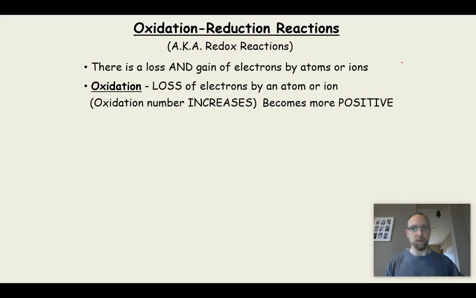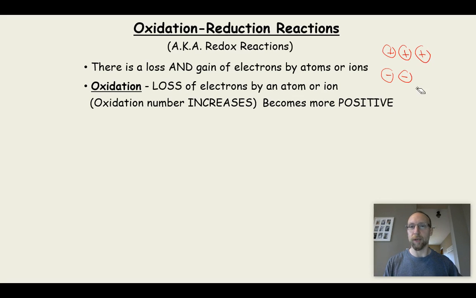So your oxidation number increases. So remember how we did this when we were talking about becoming ions. If I have, say, three protons and three electrons, when I become as a neutral atom, so when I become an ion and I lose an electron, now I have more positives.